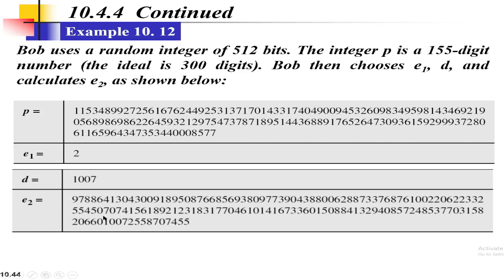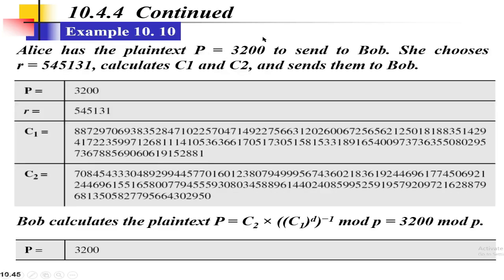After that, Alice has the plaintext p, 3200, and sends it to Bob. She chooses a random integer r, as you can see, 545131, and calculates the ciphertext.